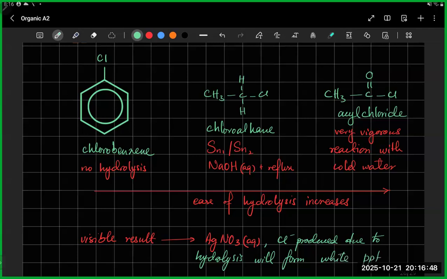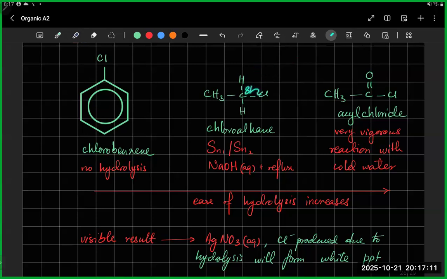What will happen is that if you add silver nitrate aqueous, that already has water. So over here the Cl is not going to get knocked out. There's no hydrolysis, Cl ions are not produced. So silver nitrate cannot react with Cl ions, and it will not form a precipitate.